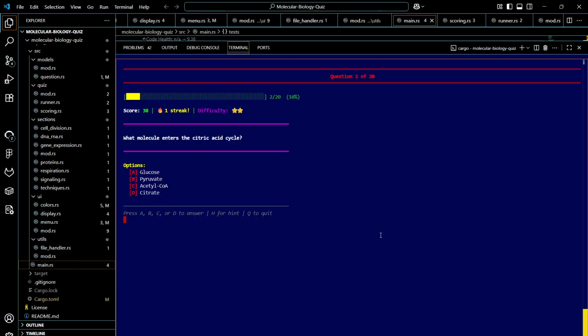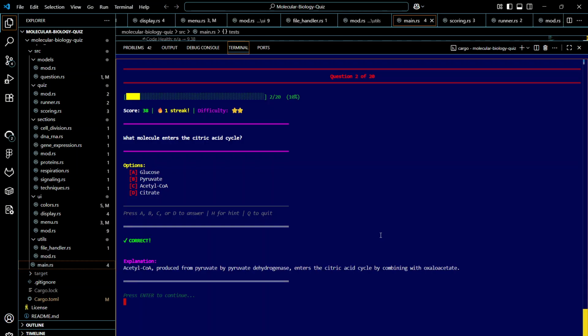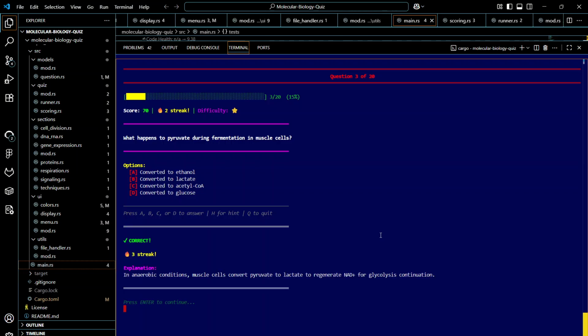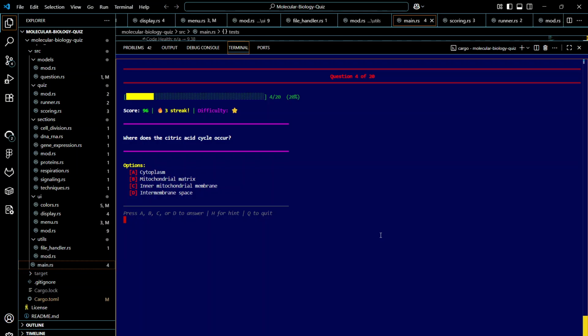Enter to continue. What molecule enters the citric acid cycle? Pyruvate? No, it's acetyl CoA. There we go. What happens to pyruvate during fermentation in muscle cells? Convert to lactate. There we are. Where does the citric acid cycle occur?